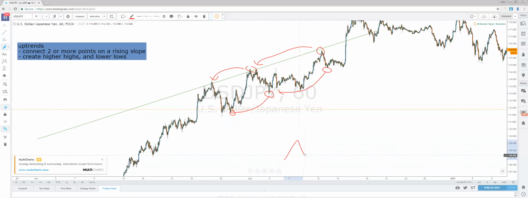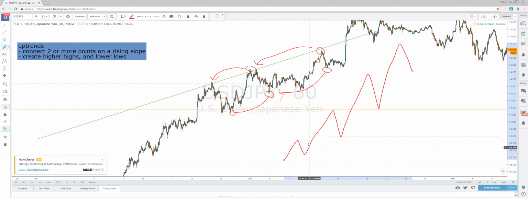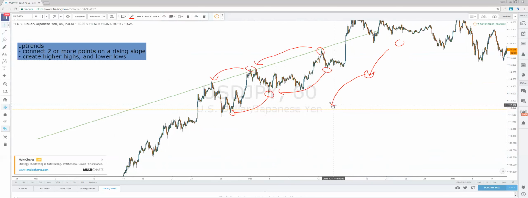Every time it makes a peak on an uptrend, the peak gets higher than the previous one. This will be higher than this one, this will be higher than this one. That's what an uptrend creates. So when you see something like this, that's when you know that you have a valid uptrend.